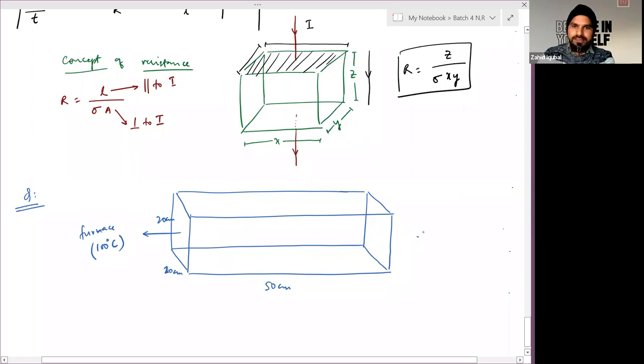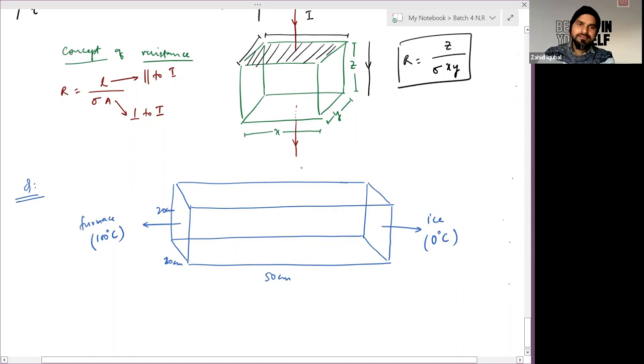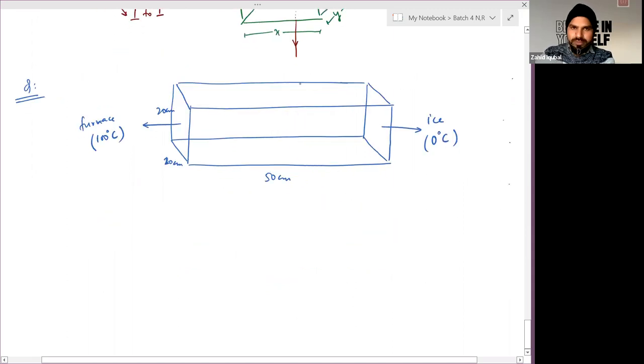This end is connected to ice, 0 degrees Celsius. If thermal conductivity of this object is 0.8 watt per meter per Kelvin.